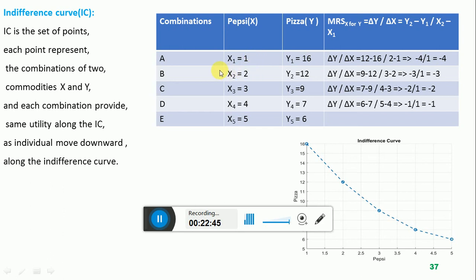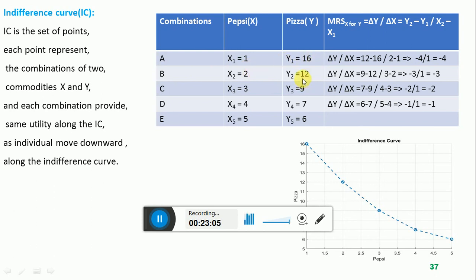But now in the second combination B, the football player wants to increase by 1 bottle of Pepsi. He is ready to sacrifice, to give up 4 pizzas for that, because now at the second combination we have 2 Pepsis and 12 pizzas.